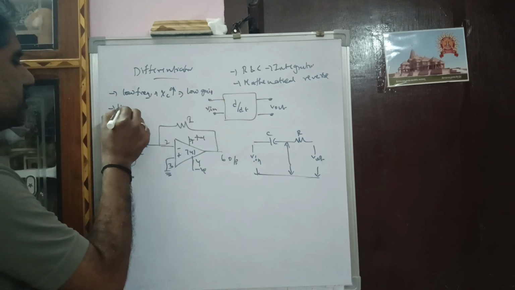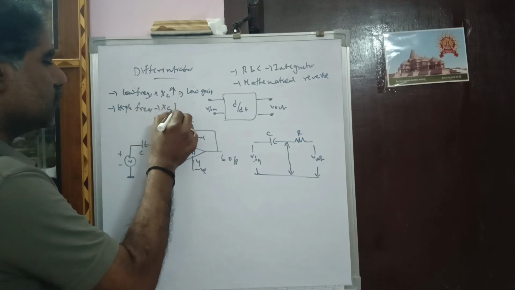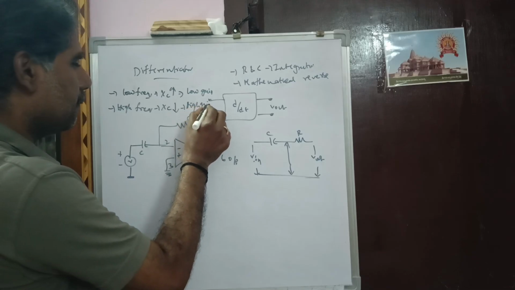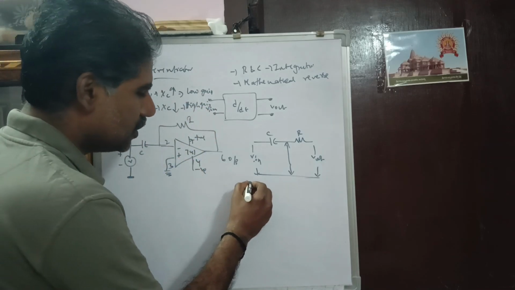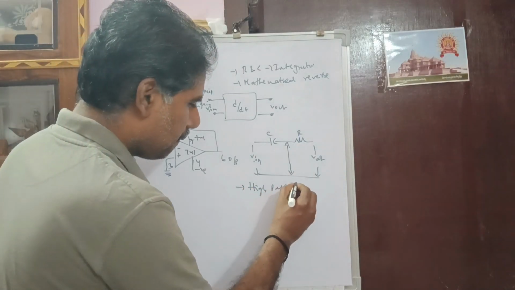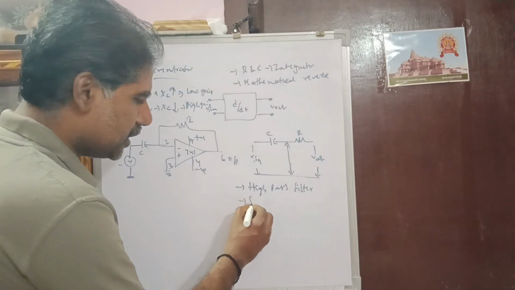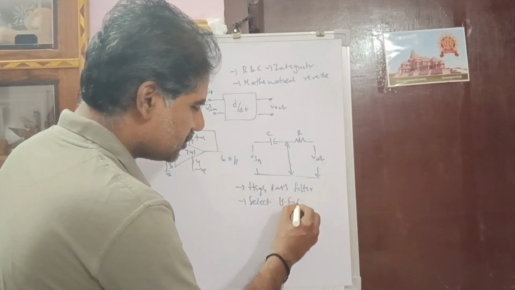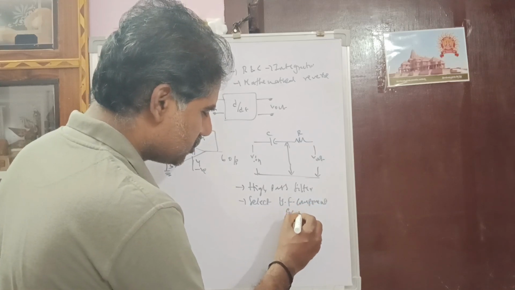At high frequency, the reactance of the capacitor is low, so it provides high gain. It acts as a high pass filter, and it is used to select high frequency components of the input signal.